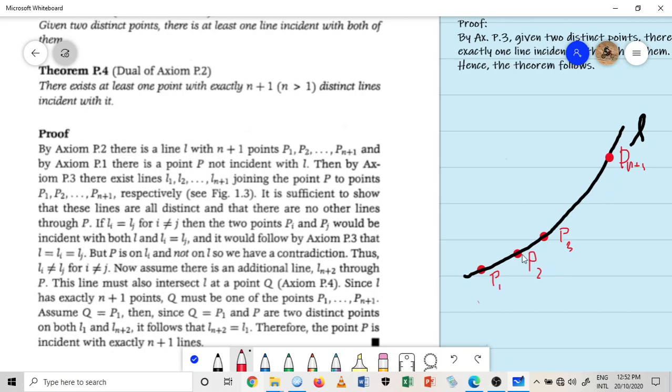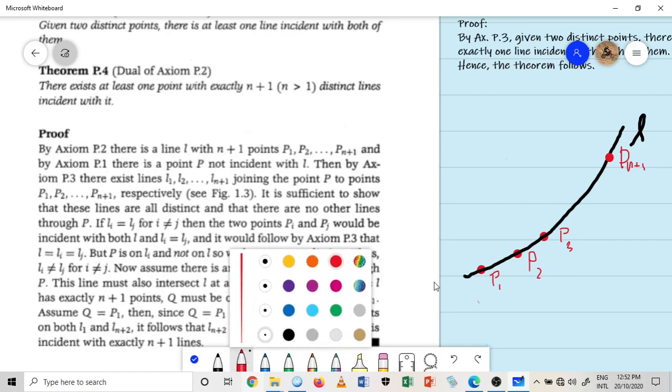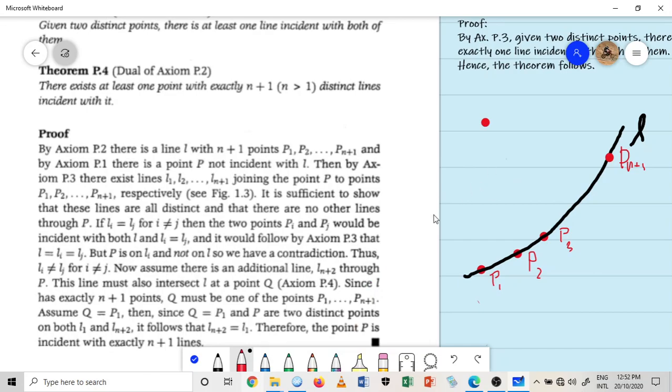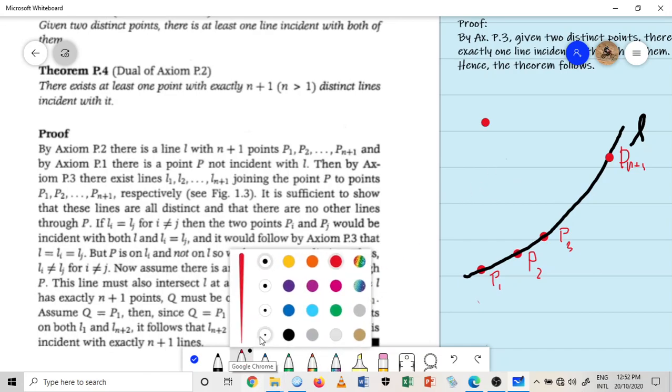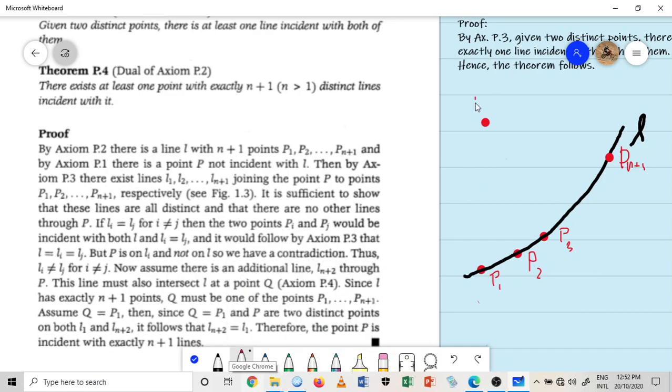The axiom asserts that there should be 3 points which are not on the same line, meaning there should be another point other than these points here, P sub 1 to P sub n plus 1. So there should be another point not on L. Let's call it P.